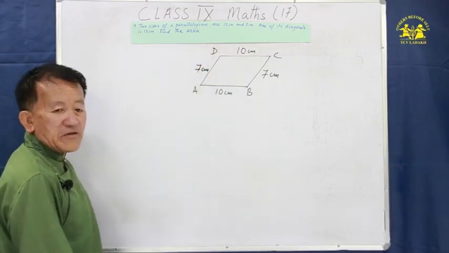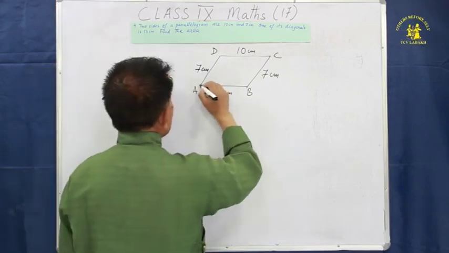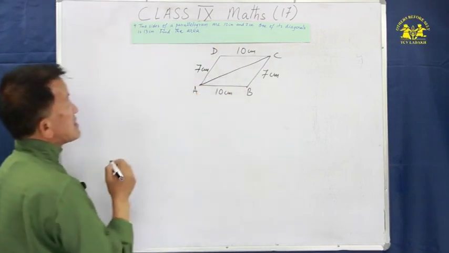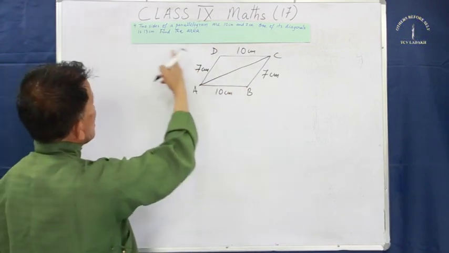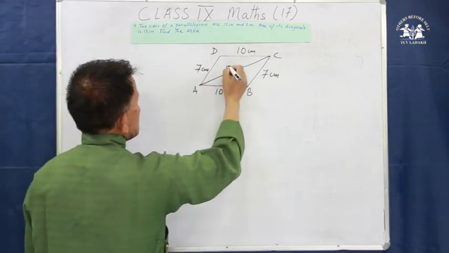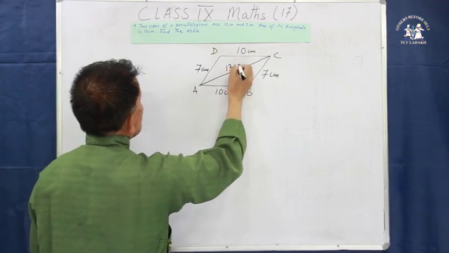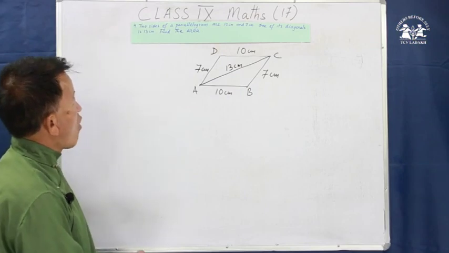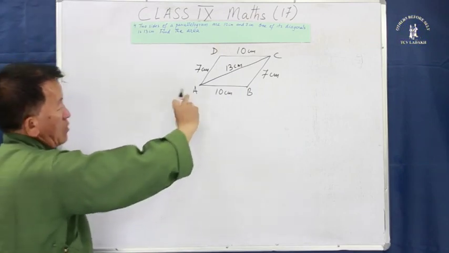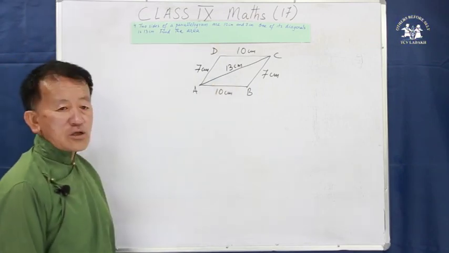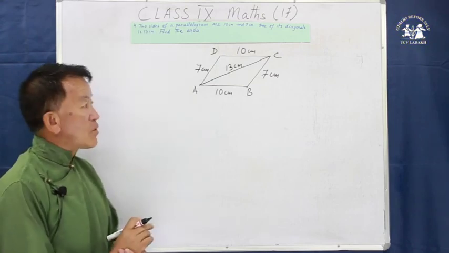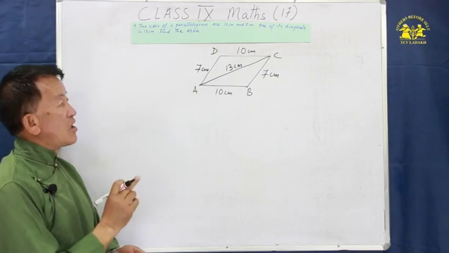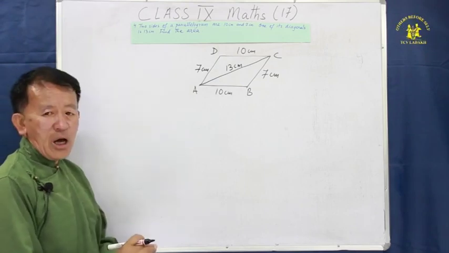Okay, and then they have given the diagonal. Let's say that given diagonal is AC. So AC is 13 centimeter. Okay, now normally in lower classes, I think in class 7 we studied the formula of area of a parallelogram.